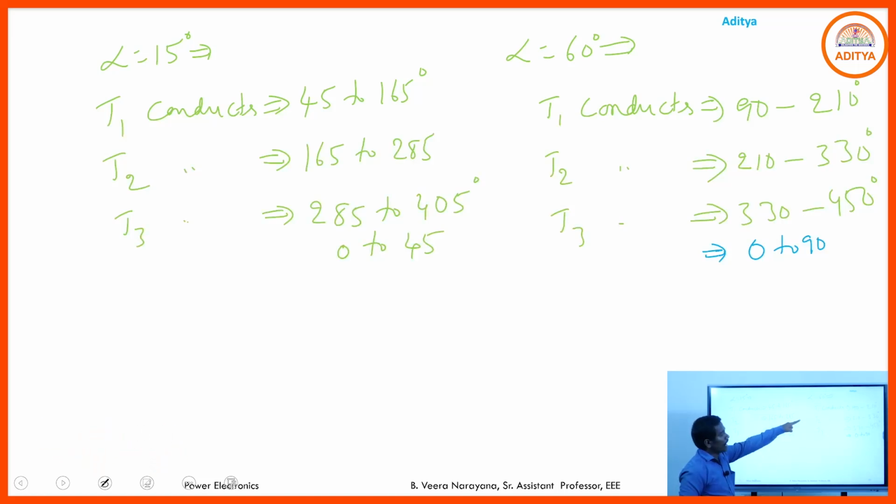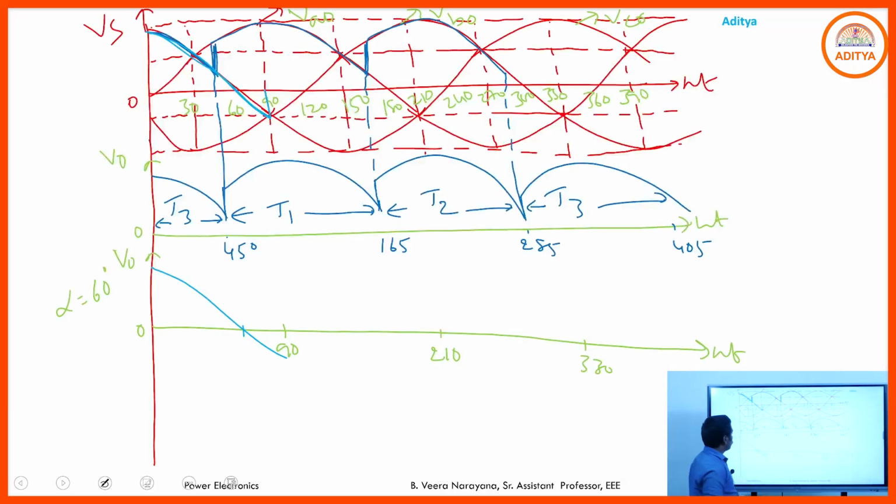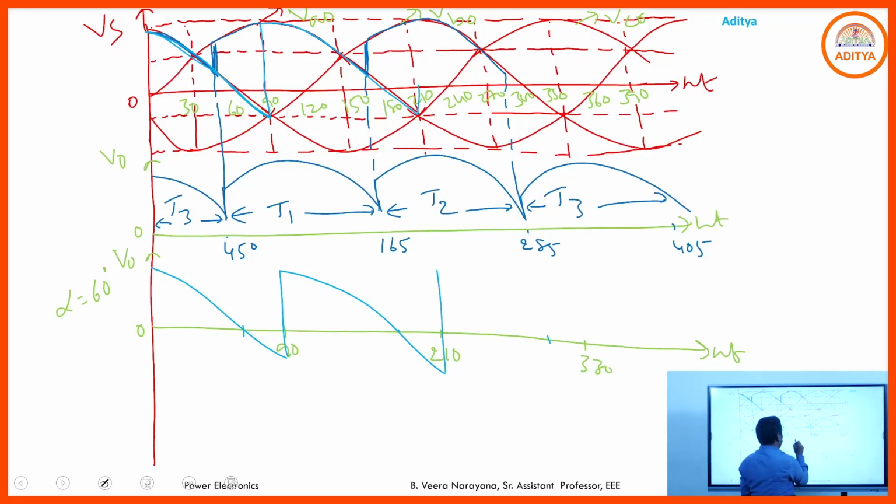If you go through the timing diagram, you easily understand. 90 to 210, T1 is in the on state. If T1 is in the on state, the output voltage simply follows VA naught. So what you are getting here, 90 to 180 and 210, like this, and 210 to 330, T2, next T3.